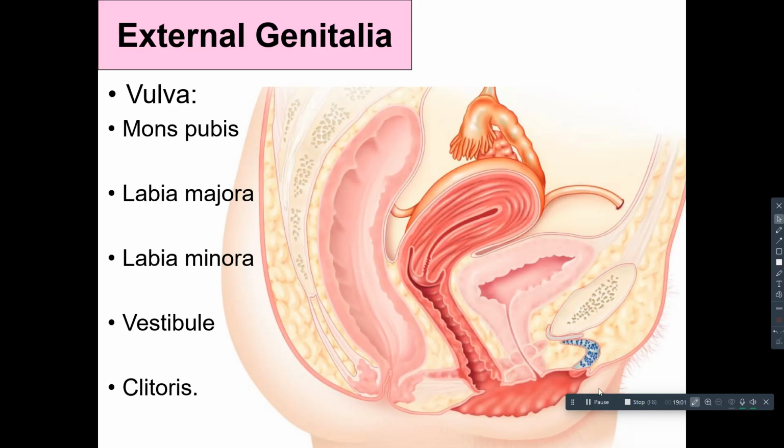Two fatty folds extending posteriorly from it are the labia majora. They are going to enclose smaller skin folds called the labia minora. The space within the labia minora is called the vestibule. And within that vestibule, we are going to find the external urethral orifice, the external vaginal orifice, as well as the clitoris.